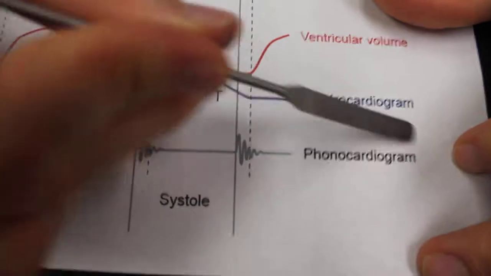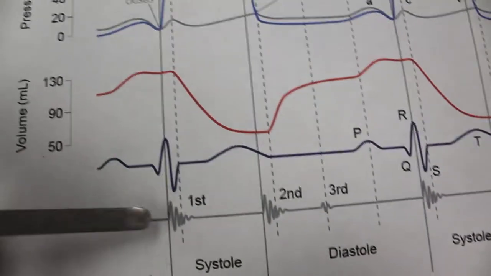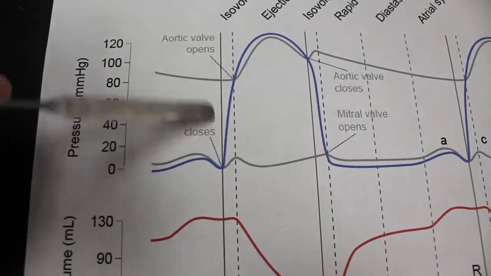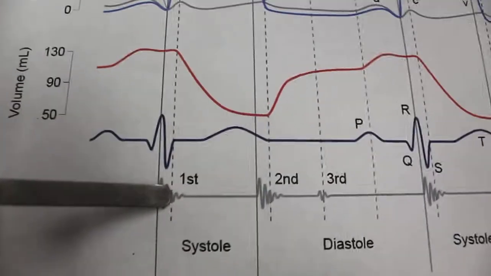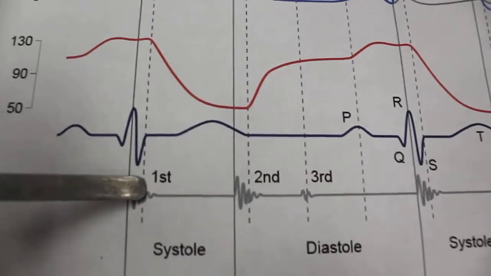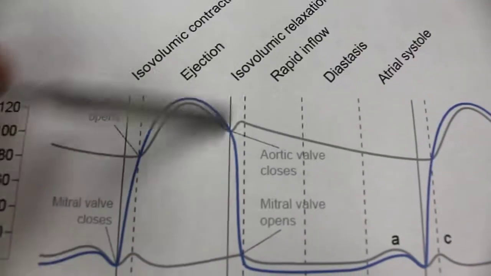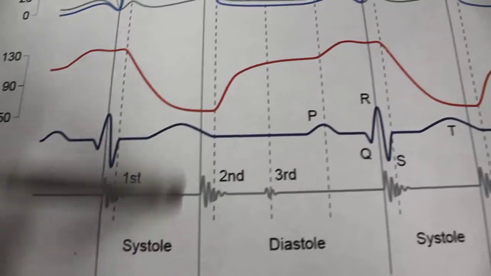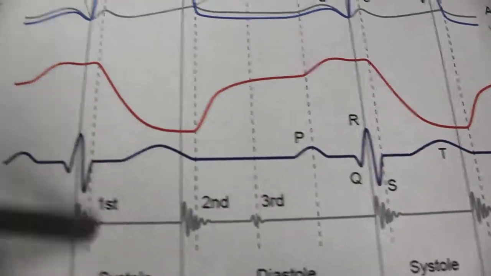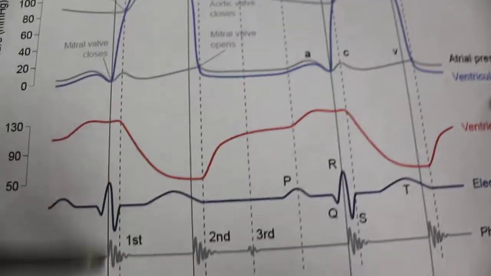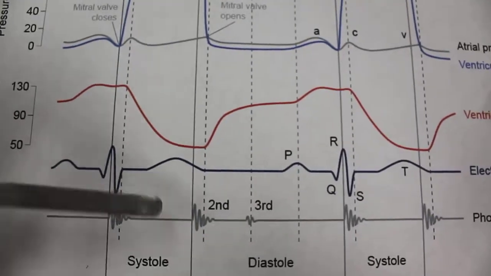Now, let's talk about the phonocardiogram. The phonocardiogram is the heart sounds. This mitral valve closes, and that causes S1, the first heart sound. Then the aortic valve closes, and that causes S2. So that's your lub and your dub. Lub dub, lub dub.